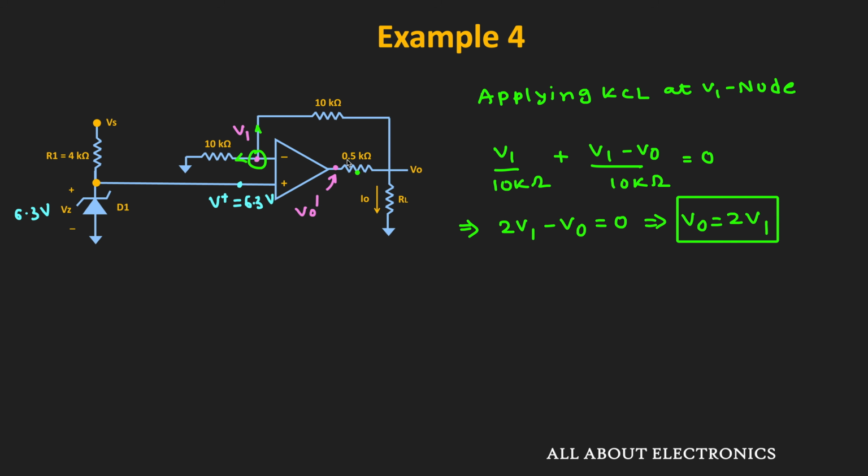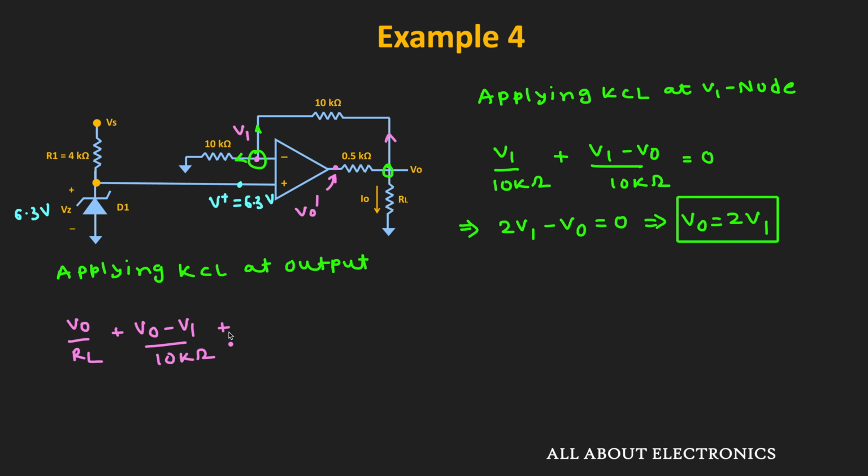Similarly, now let us apply the KCL at this output node. At the output node, we can write V0 divided by RL, that is this current, plus V0 minus V1 divided by 10 kilo ohm, that is this current, plus V0 minus V0 dash divided by 0.5 kilo ohm, that is this current, is equal to 0.